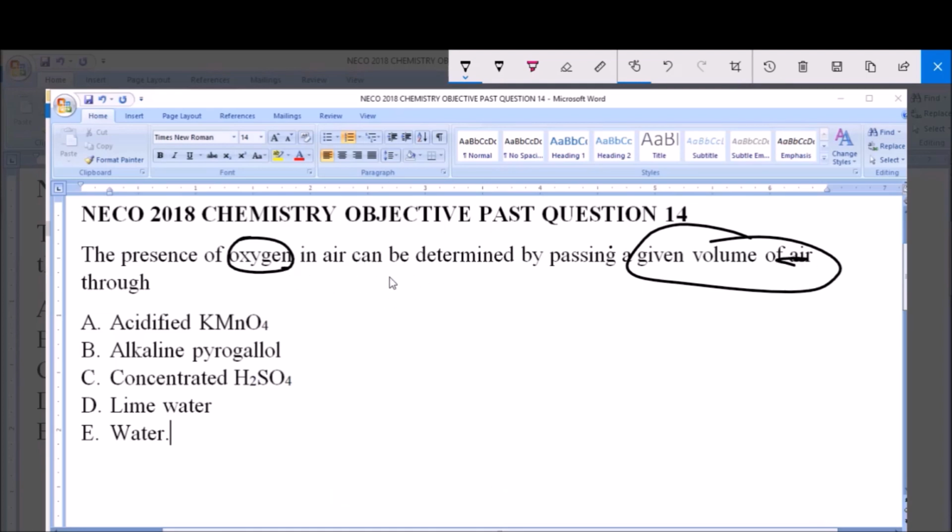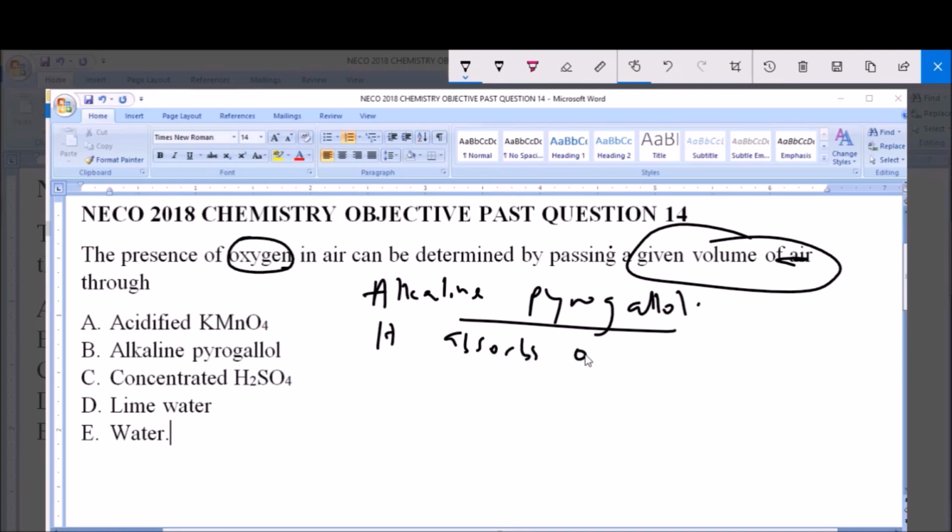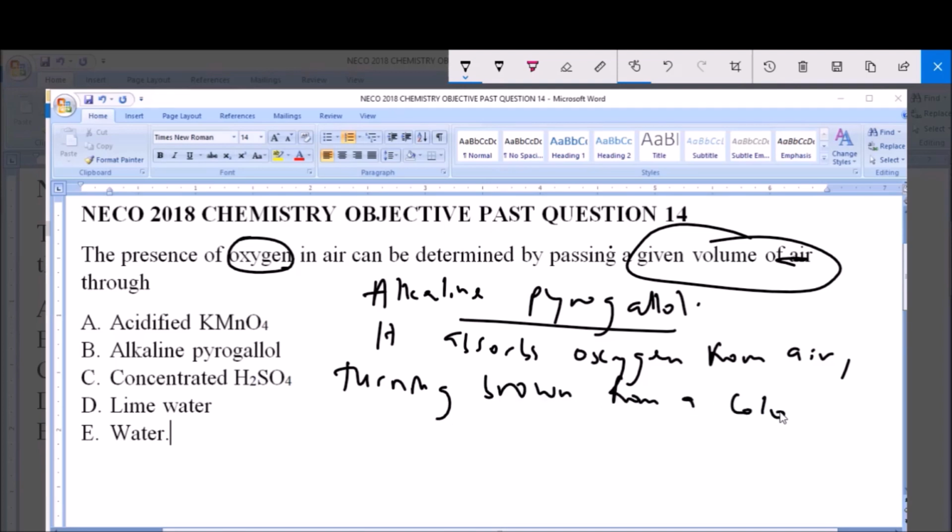So the test for this usually is done using alkaline pyrogalol. Alkaline pyrogalol is used for this experiment, and how it works is that it absorbs oxygen from air, turning brown from a colorless solution.